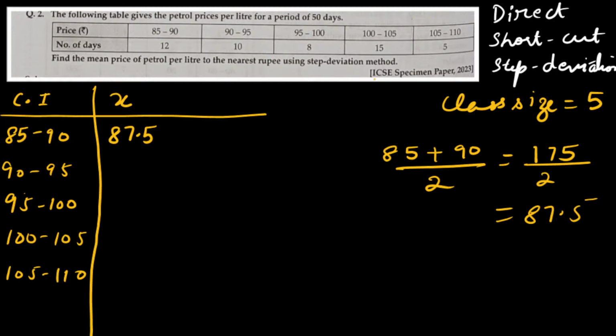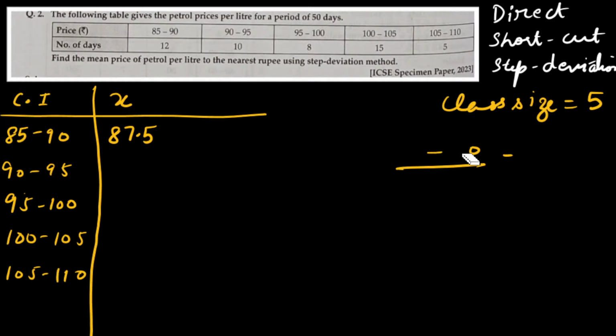Now you keep on adding the class size. The first one we have found. Now keep on adding 5. If you add 5 to this, you will get 92.5. Just add the class size. Again adding 5, you will get 97.5.